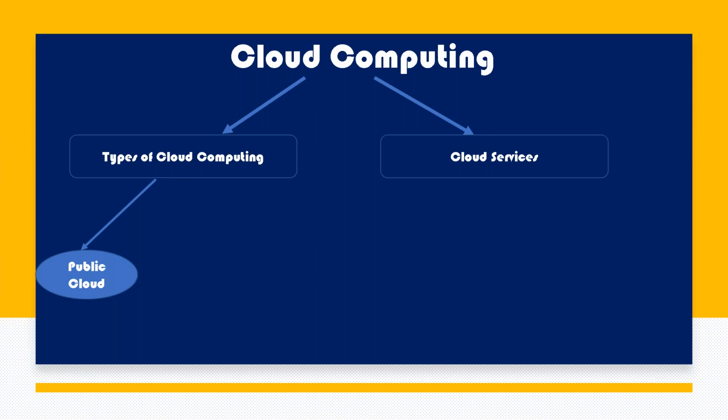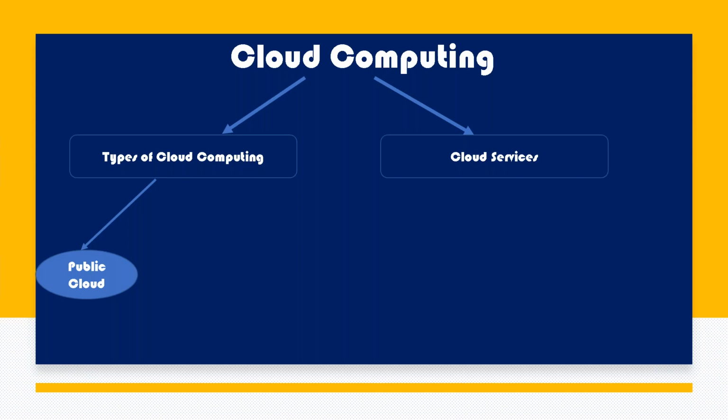Public cloud means anyone can get this service from anywhere, like Azure, Amazon's AWS or Google Cloud. These three are public services. Anyone can get it.